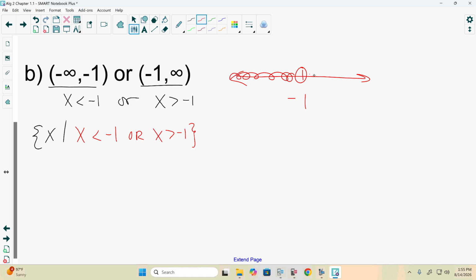If I added the other part in, we would go. So wait, what is it actually telling us? It can't be. Set of all real numbers x such that x is not equal to negative 1. That's really all that interval is saying. It just can't be negative 1.